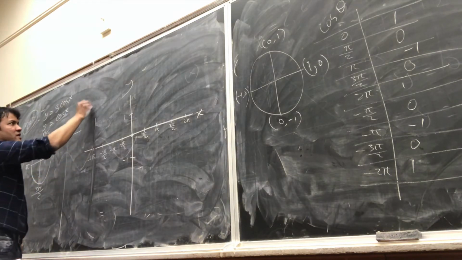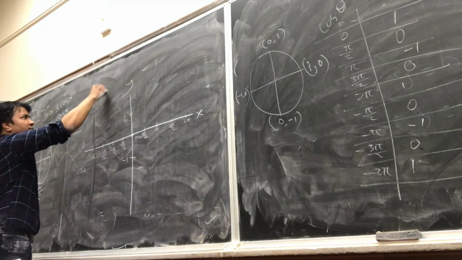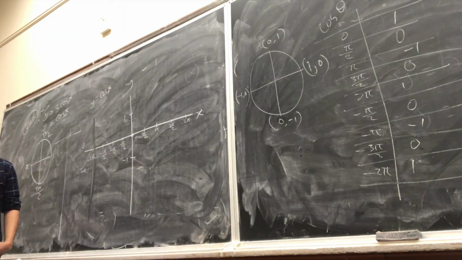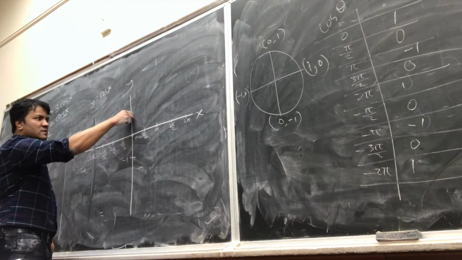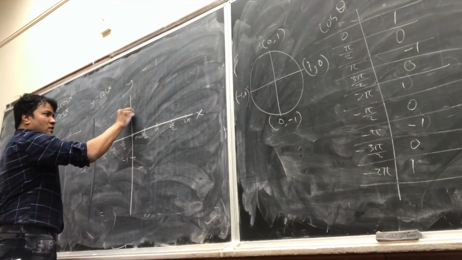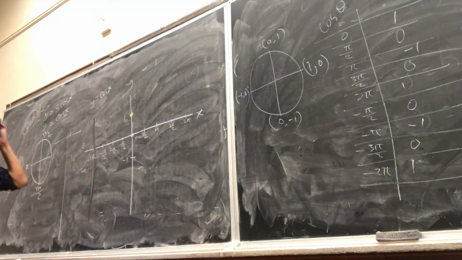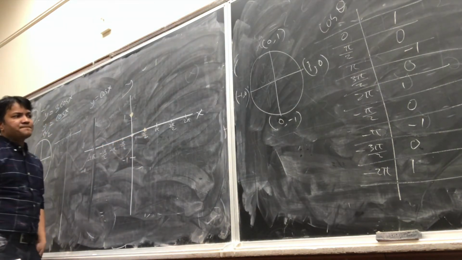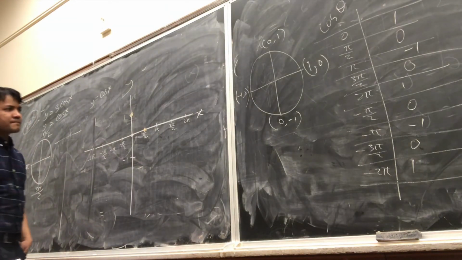Alright, we are graphing the parent equation. Y equal to what? Cosine x. The amplitude is 1. So cosine 0 is what? 1. What is cosine 90? 0. What is cosine 180? Negative 1.